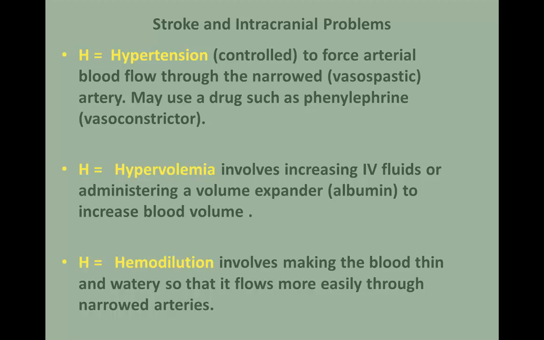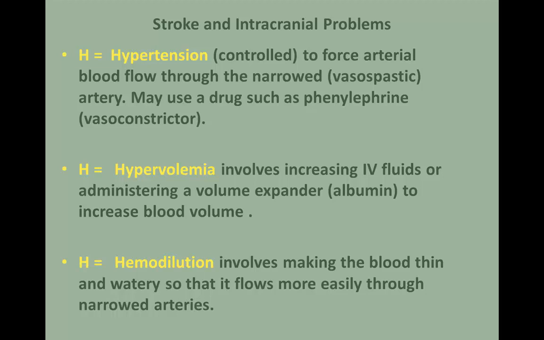So this patient may be on a very controlled hypertensive regimen. They may give a drug such as phenylephrine, which is a powerful vasoconstrictor. An IV vasoconstrictor. We need this to be very, very carefully controlled. Then these individuals may have hypervolemia.